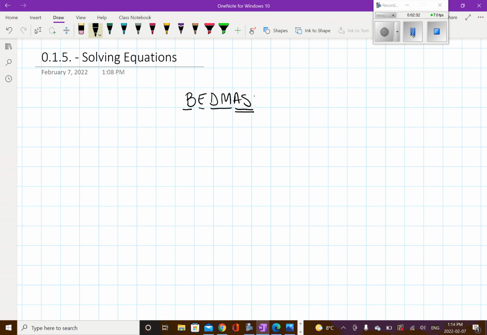So let's suppose that we have x to the power of 2 is equal to 64. Then the canceling of this exponent will be square rooting with this index of 2, and then x will be equal to plus or minus 8.